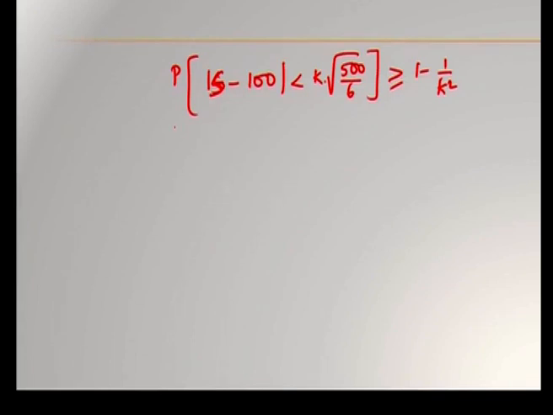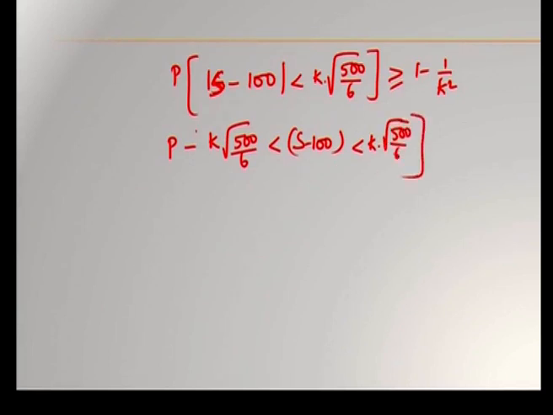Okay. We will write this in the format of minus k. Removing the modulus, P of minus k into root of 500 by 6 less than S minus 100 less than k into root of 500 by 6 is greater than or equal to 1 minus 1 by k square.